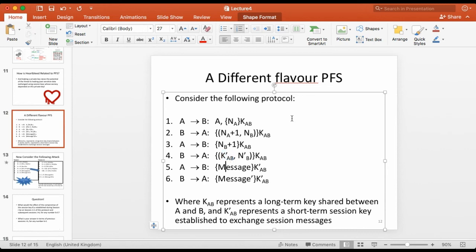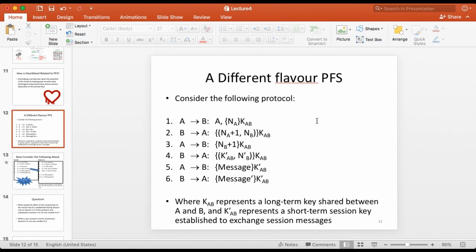Now they both go through a pair of messages that they exchange, encrypted using the new long-term key or long-term password called K prime AB. Now the question is, does this have a PFS property? But the PFS property we're looking for here is different from the previous one.